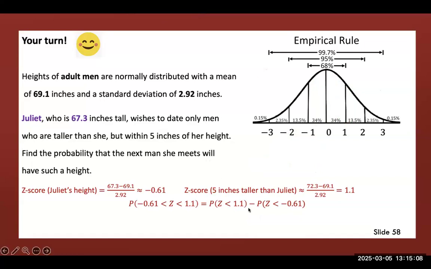So I'm going to put this on Google Sheets, and again, you can check it with the z-table. Let's find the probability that we're to the left of 1.1 and also the probability we're to the left of negative 0.61. Subtract the two and see what we get.